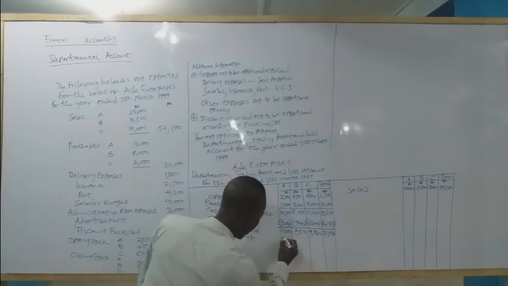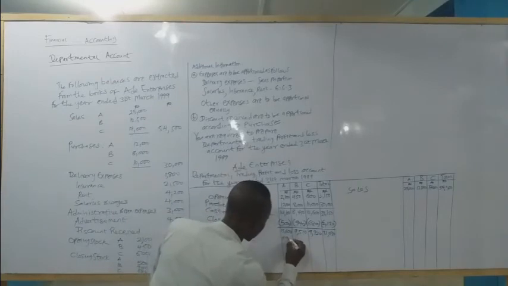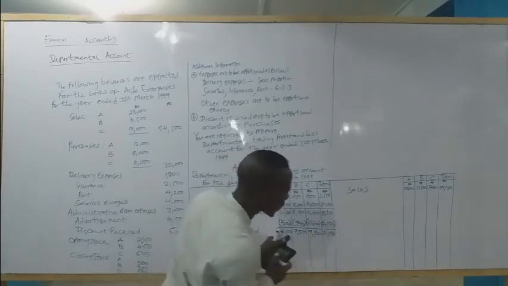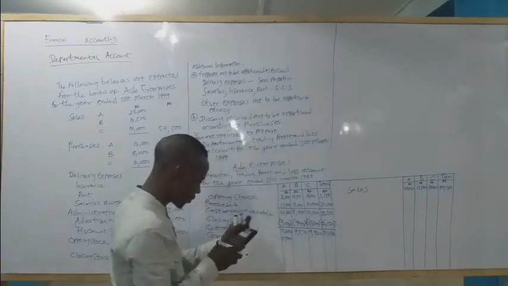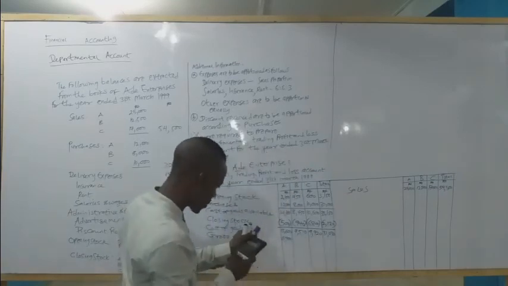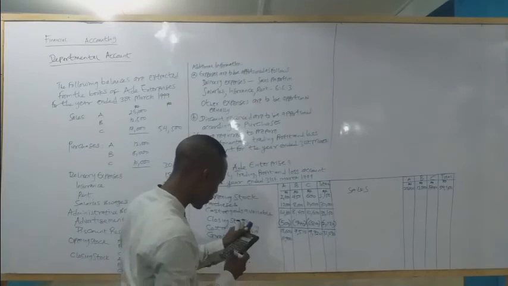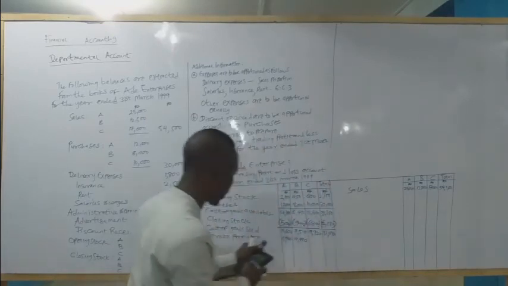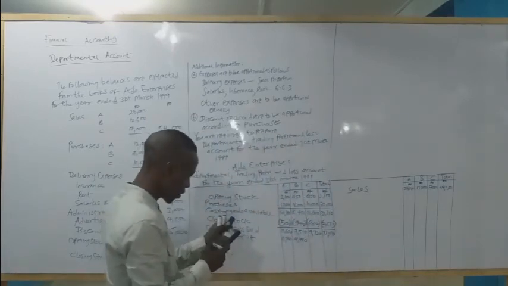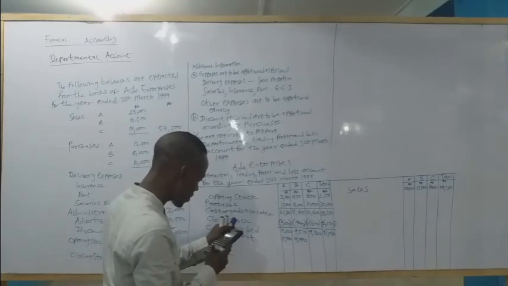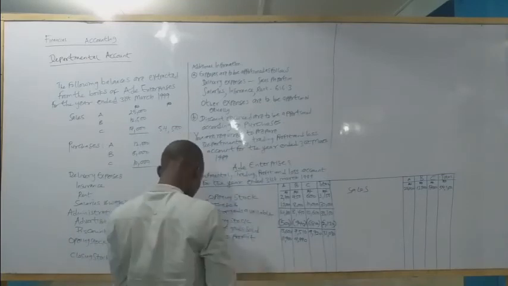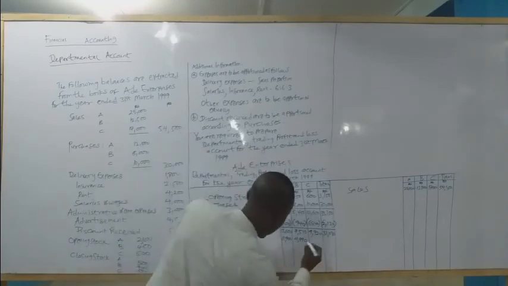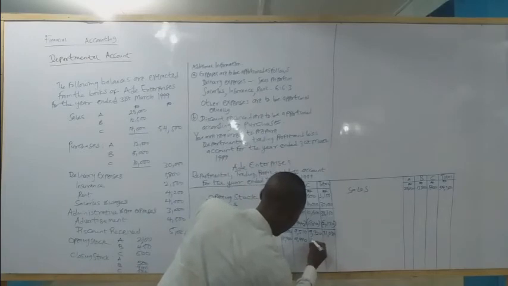We have 11,400. 12,500 minus 7,510. We have 4,990. Again, 17,000 minus 9,920. We have what? 7,080.